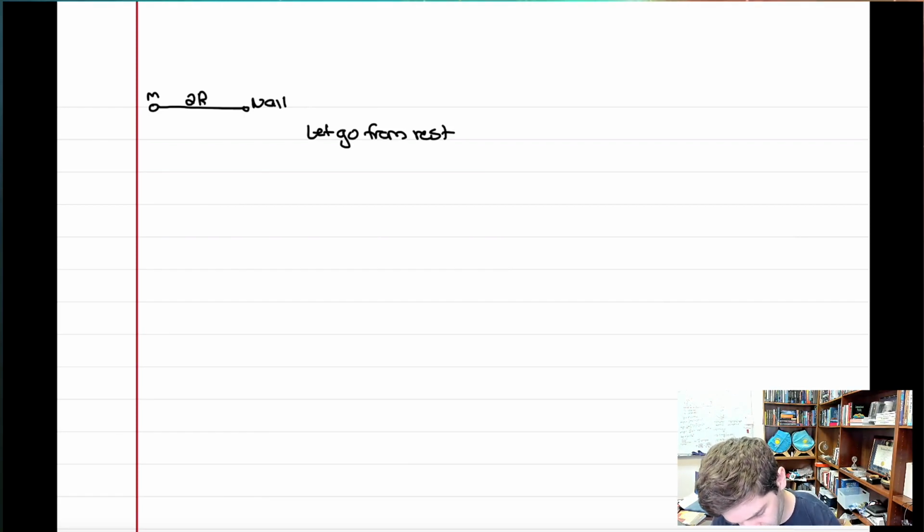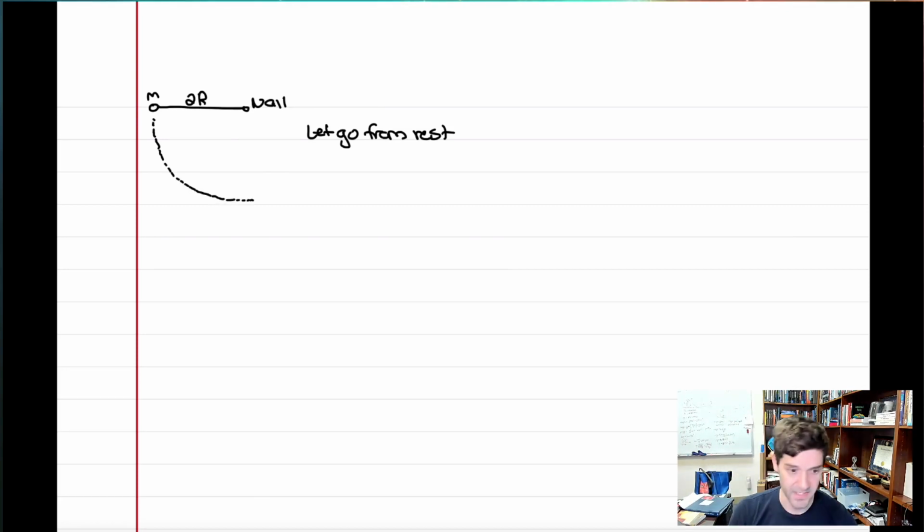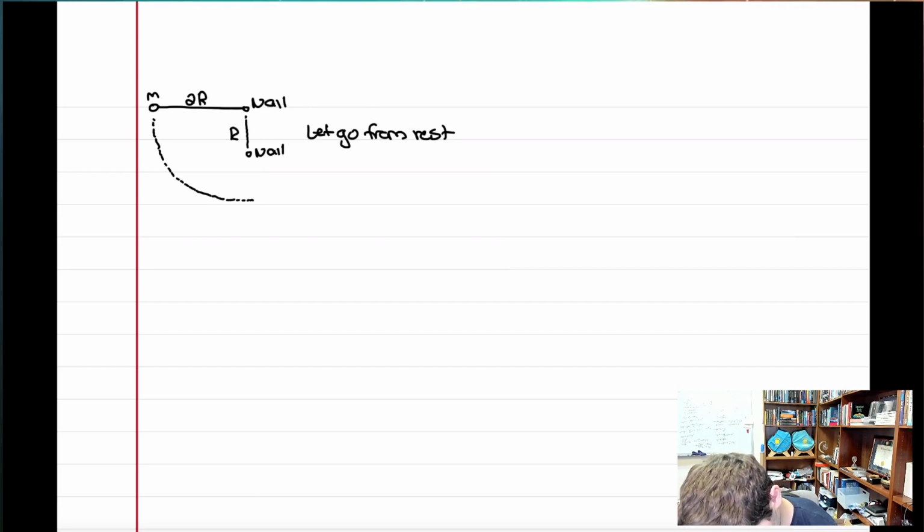If you let it go from rest, and the rope was kind of taut to begin with, it should traverse out a circle as it falls down. And then falls down to when it's vertical, and then it would keep going. But then suppose there's another nail here that's halfway down. So this is a length r, and so this is a length r.